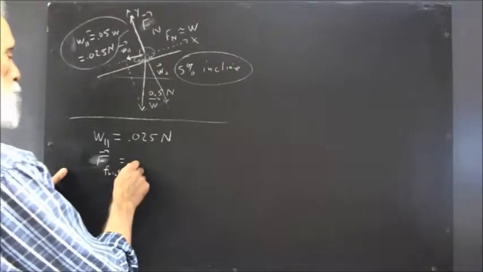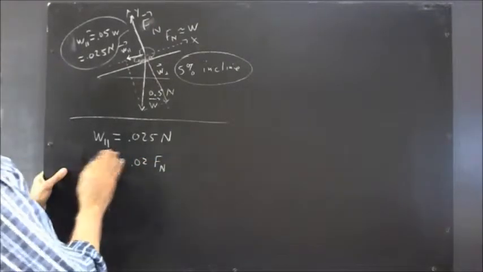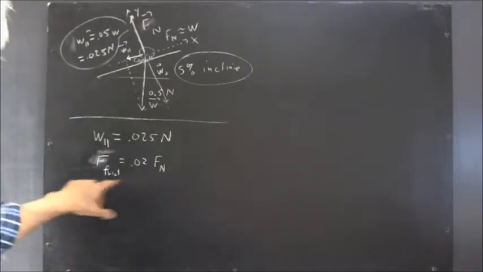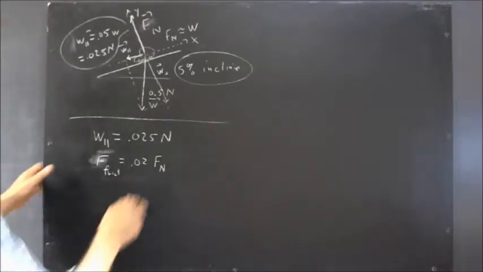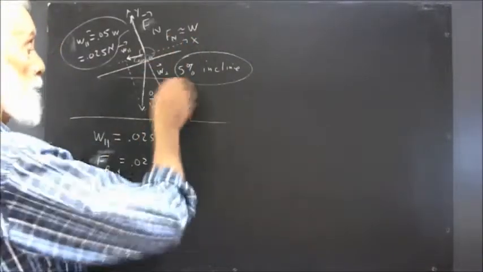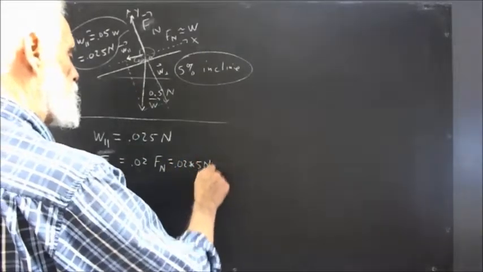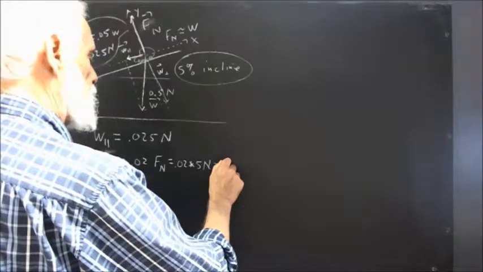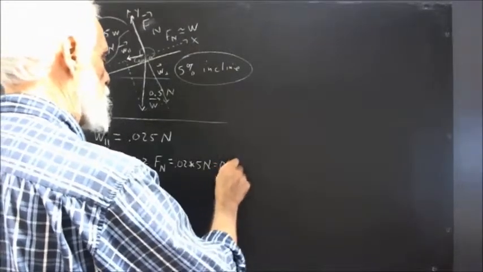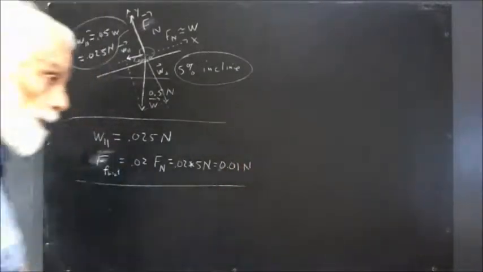It's going to be 0.02 times Fn. No, I won't put a vector over that. This is one place where you do have to decide on the direction of the force. So the 0.02 Fn, well, Fn is equal to W, and that's 0.01 newtons. And I think everybody got that one way or another.